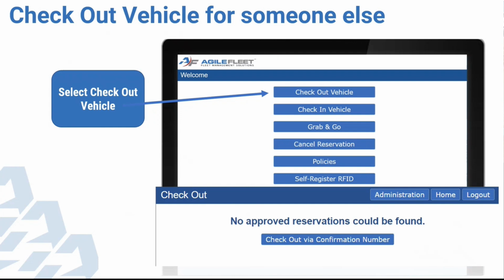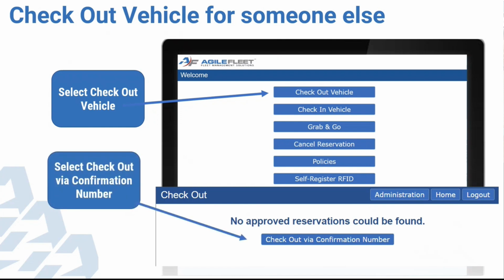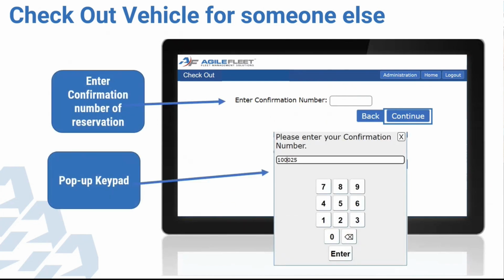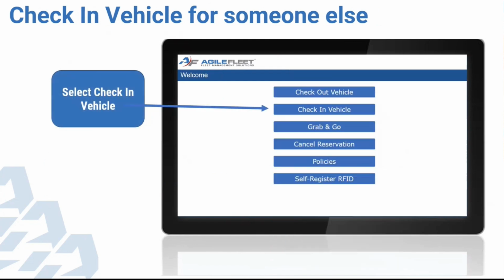The person using the system needs to come prepared with the confirmation number that was given to the other person, and they will click on that and enter the confirmation number. A pop-up keyboard is provided if there's not a keyboard on site to enter that number, and then at that point they'll be able to check out.